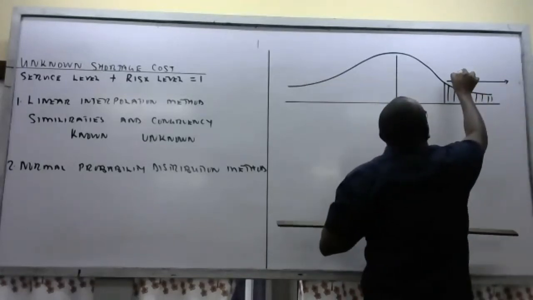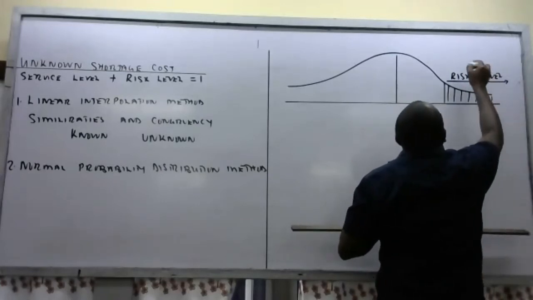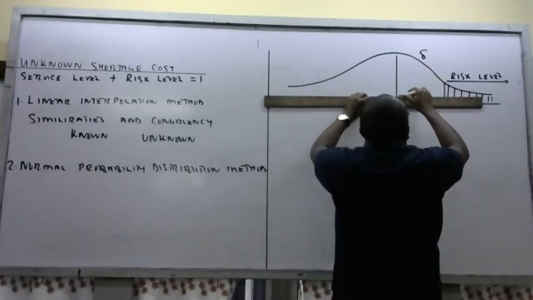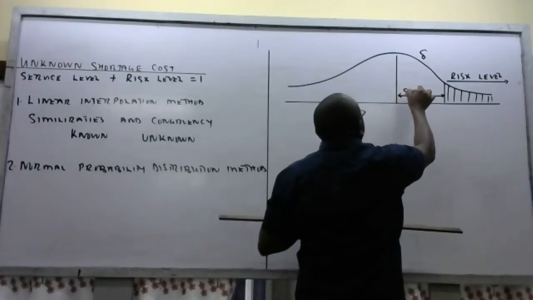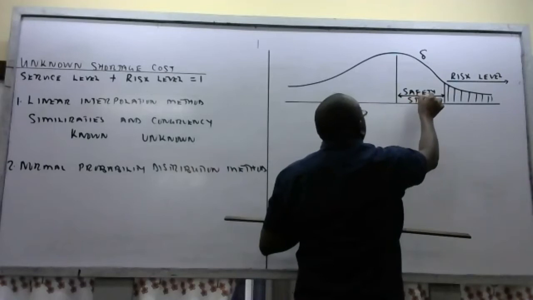So this one is called risk level. Here we have standard deviation. This one is safety stock.